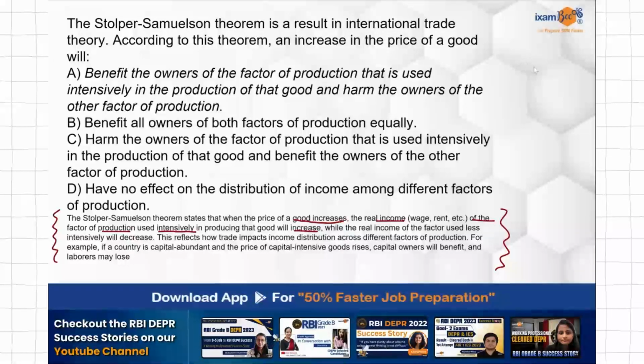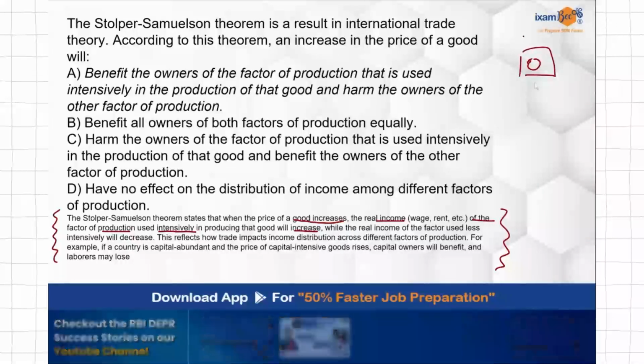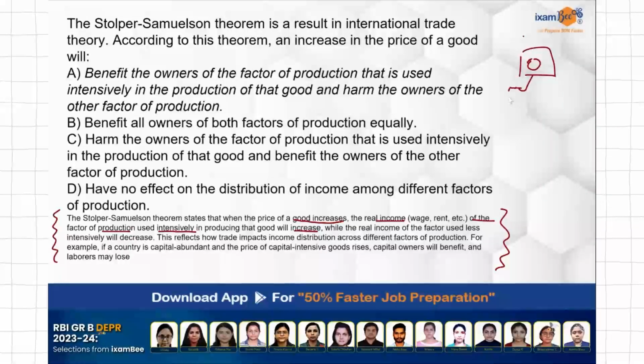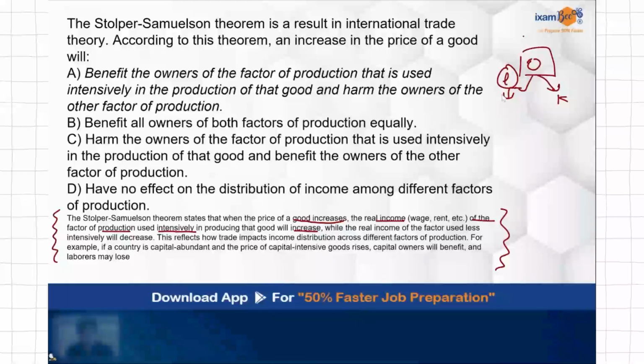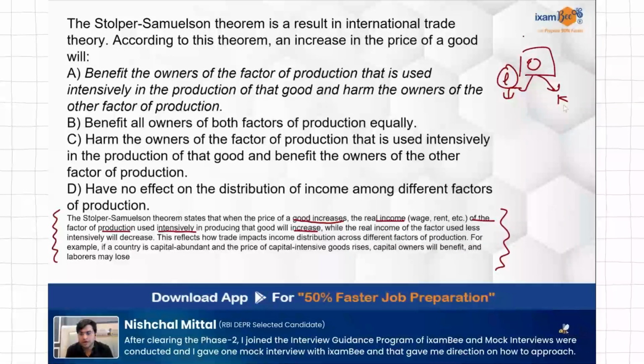So let's say we have some good, and we are using labor and capital, and it is a labor-intensive good. So in this case, we are using labor intensively, but not capital.